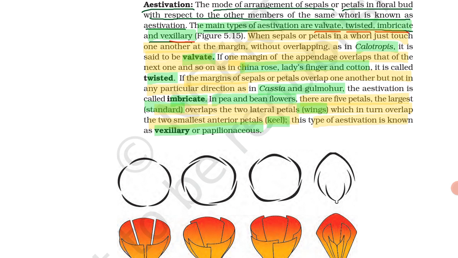The next is pea and bean flowers, where there are 5 petals.